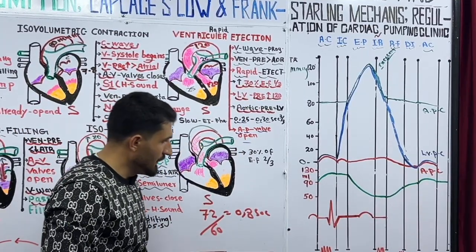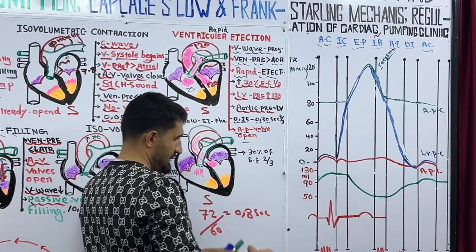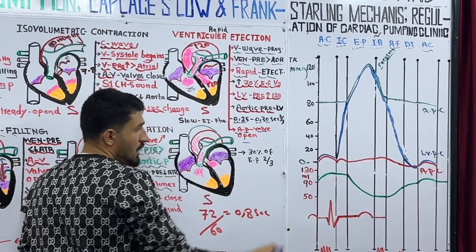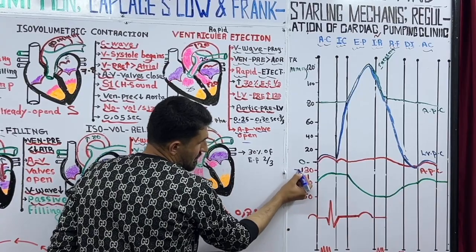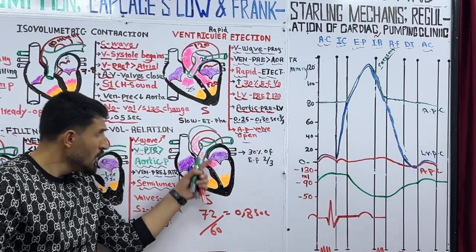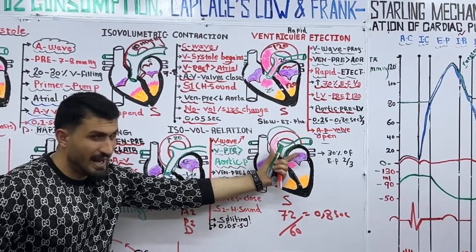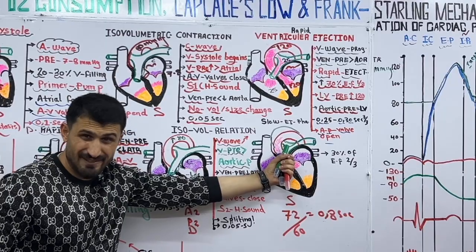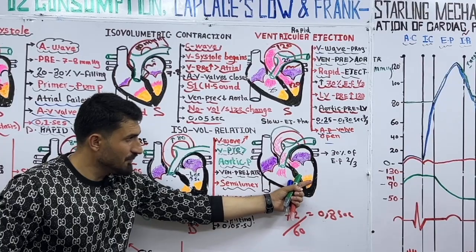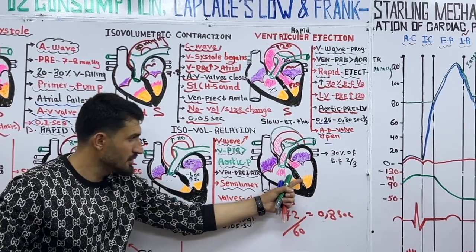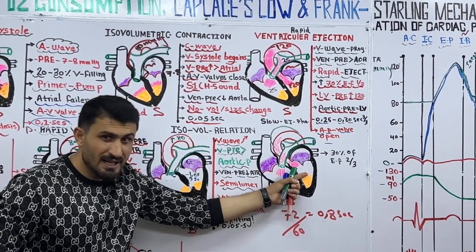Now come here to the volume of left ventricle. In this axis here we have mLs. This is 50 ml, this is 90 ml, this is 130 ml. During systole the heart pumps and ejects a stroke volume, which is around 70 ml, but an amount of blood always remains inside the ventricles, which is called the end systolic volume, and normally it's equal to 50 ml.